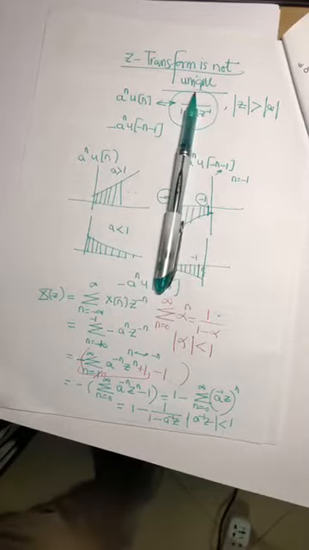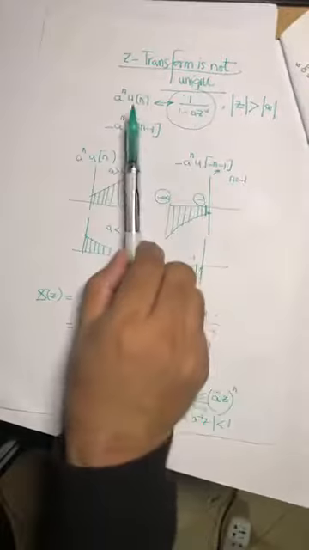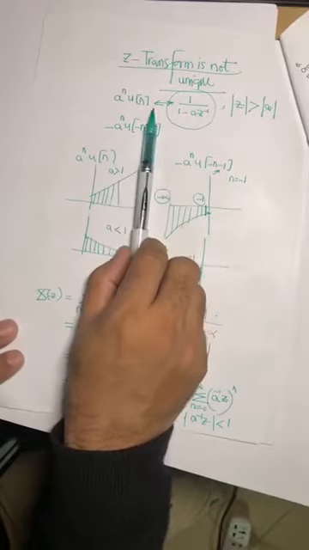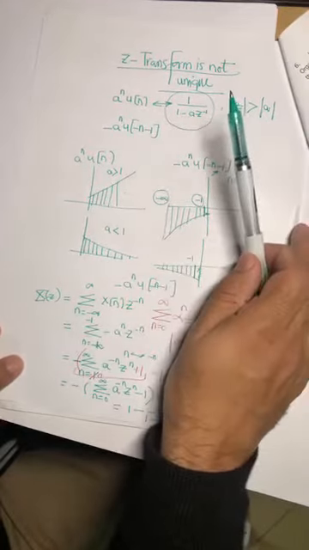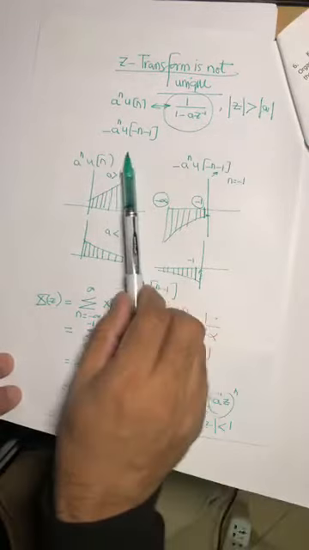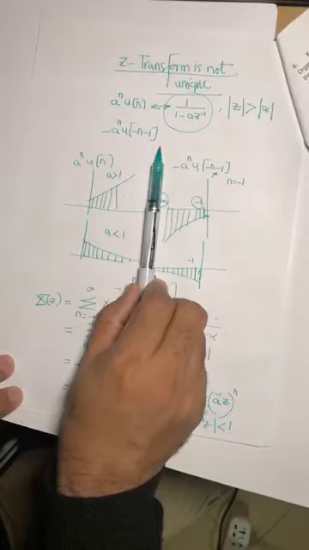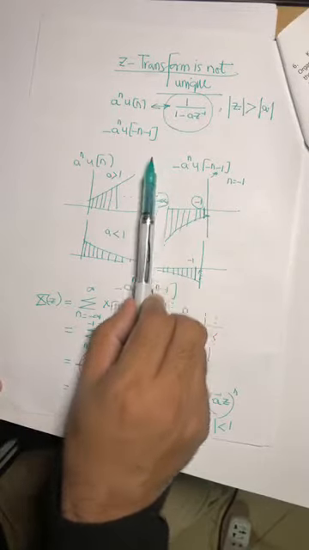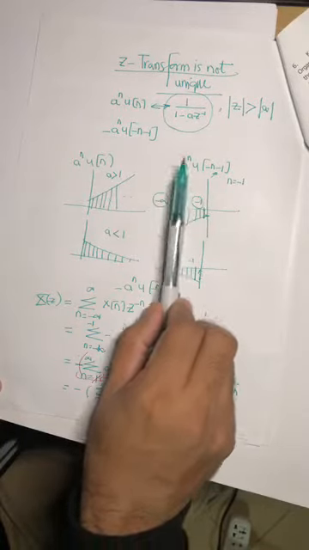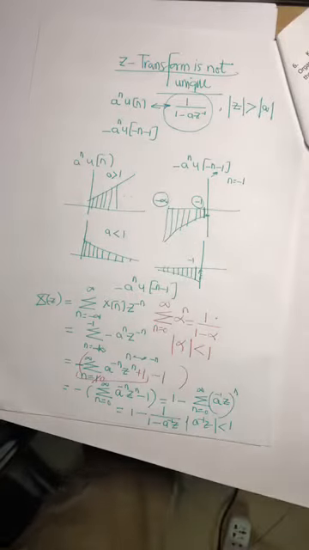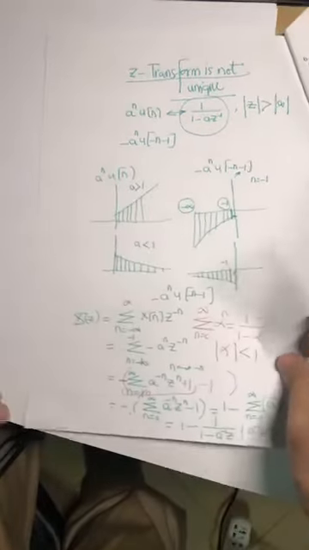For example, a^n u[n] and minus a^n u[-n-1] both have the same Z transform, 1 over 1 minus a z inverse.